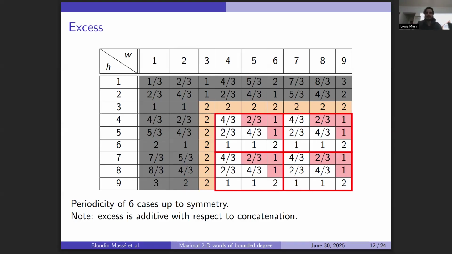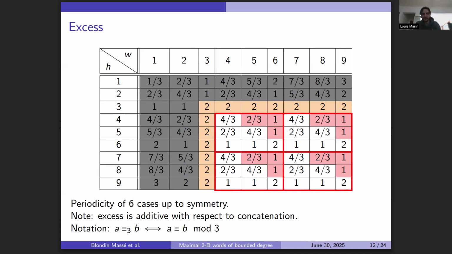What is important to notice is that whenever you concatenate two words with a certain excess, their excesses add up, which is a fact we will use. It's not too hard to convince yourself. Maybe a 3-second thought, and you'll be convinced. And also, this is a notation.